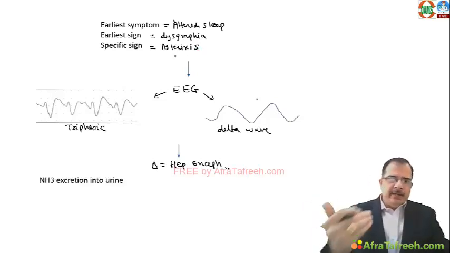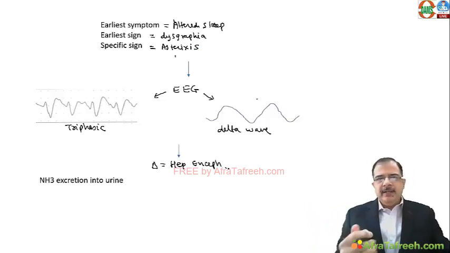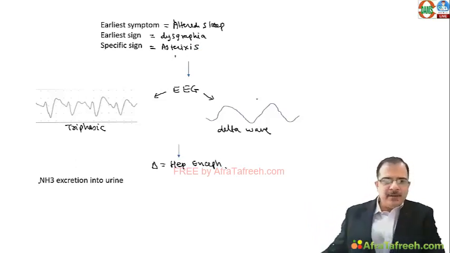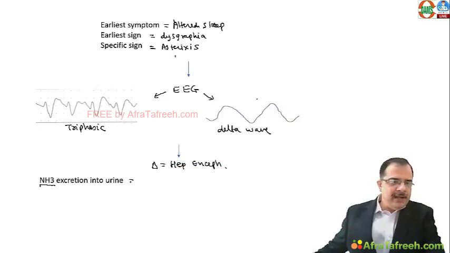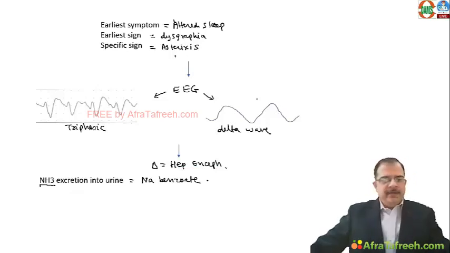Now the treatment of the hepatic encephalopathy, the main culprit is this ammonia. So we can do the ammonia excretion into the urine by giving sodium benzoate. Sodium benzoate we will give.